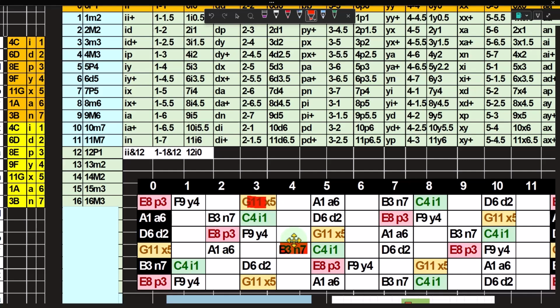So the local distance would be 16 minus 12, which is 4. So it would be a 4-note away, which I have to know is a major third under this system, right?